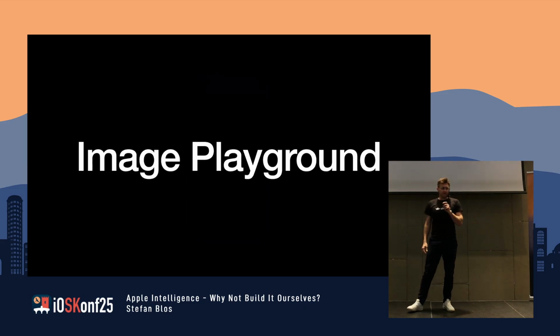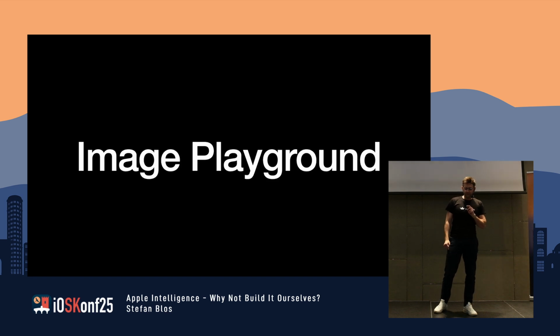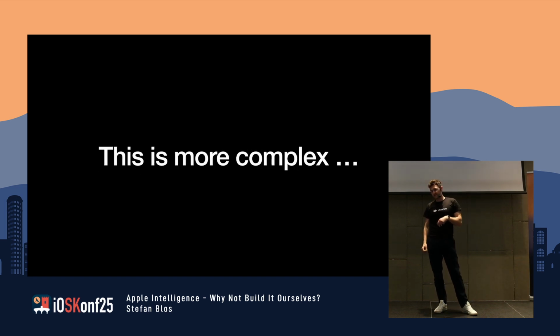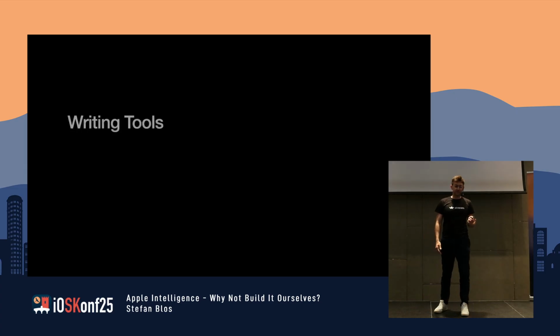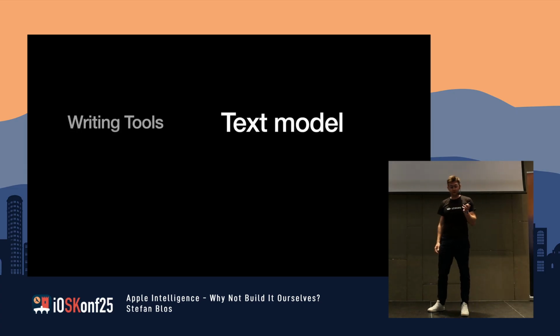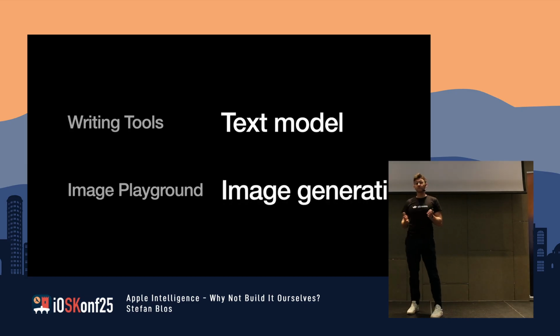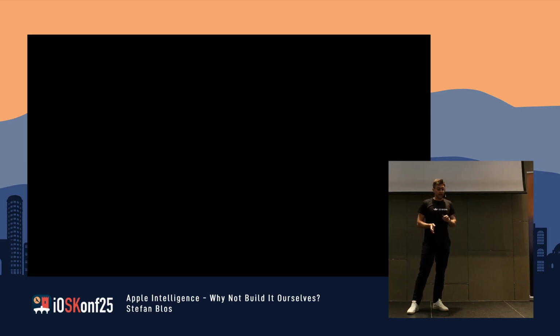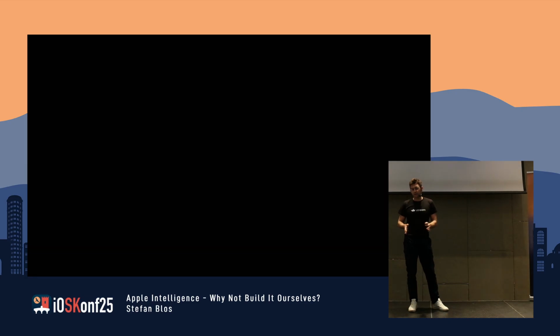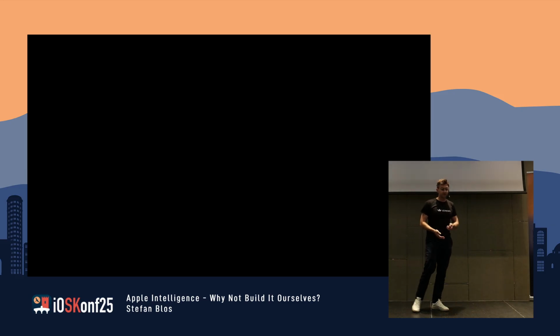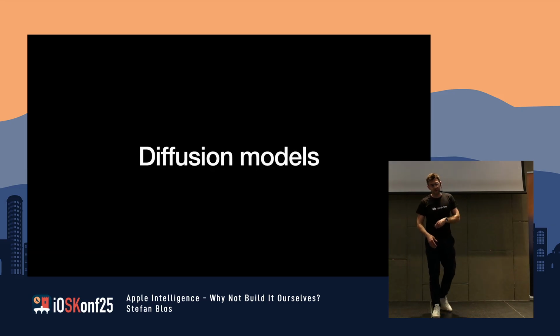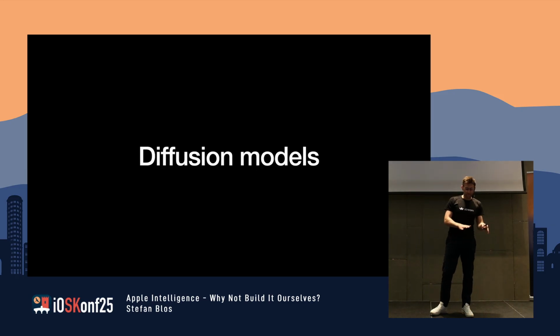Then let's go to Image Playground, the second feature that we want to implement. And for this, the bad news is that this is more complex. Because for the writing tools, we had a text model, but for Image Playground, we actually need an image generation model. And there's a family of models that have become quite popular, which is called diffusion models, which are quite fascinating from a mathematical perspective.